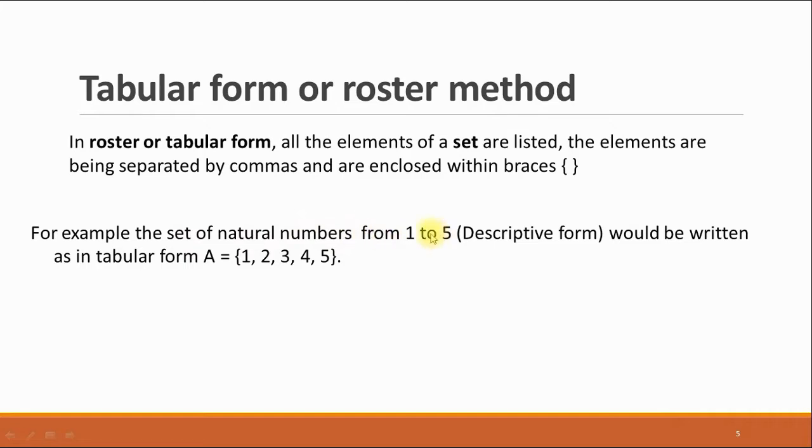How do we write this in tabular form? We can write set A is equal to 1, 2, 3, 4, 5. Enclose these numbers within braces and separate each element by a comma. Then this is the tabular form.